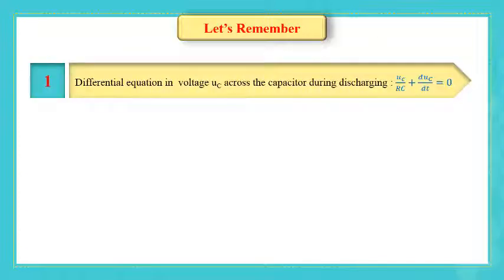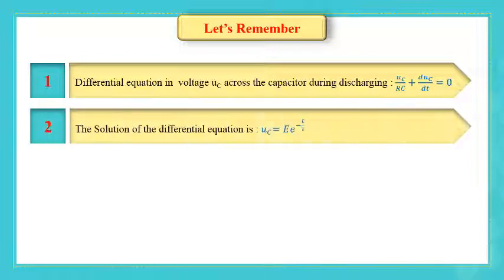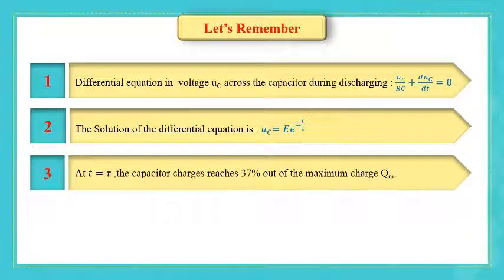1. Differential equation in voltage UC across the capacitor during discharging is UC over RC plus dUC over dt equals 0. 2. The solution of the differential equation is UC equals E exponential minus t over tau. 3.